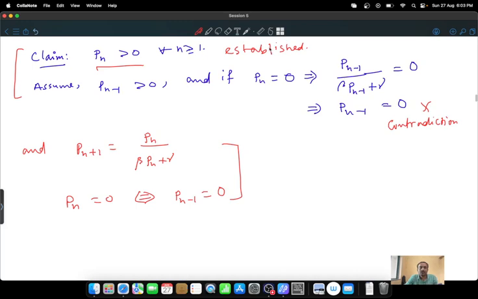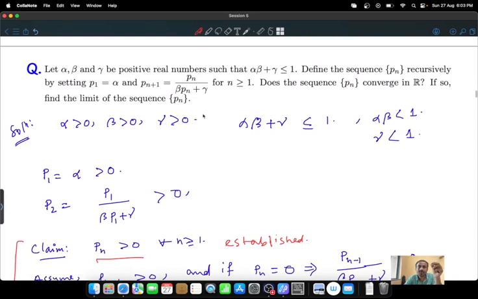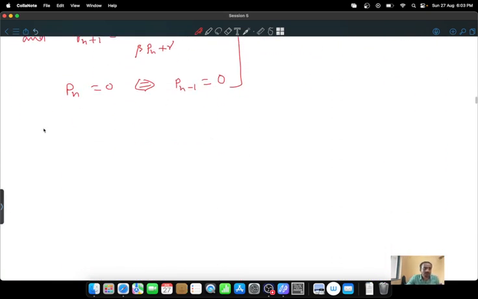right? So now I will show that Pn is actually bounded, right? That will be very easy. That claim will not be that much difficult from its definition.